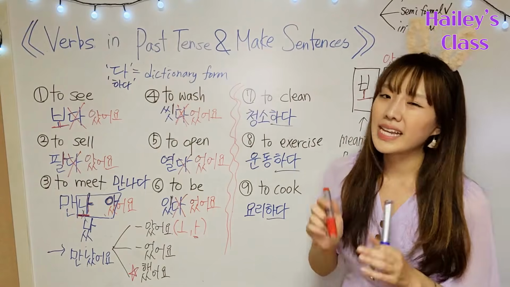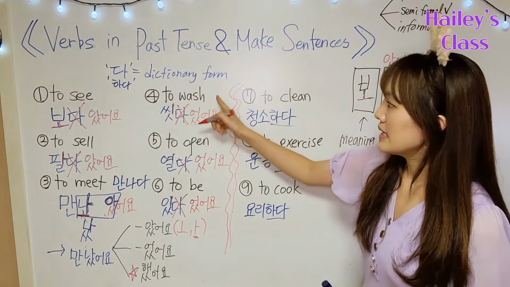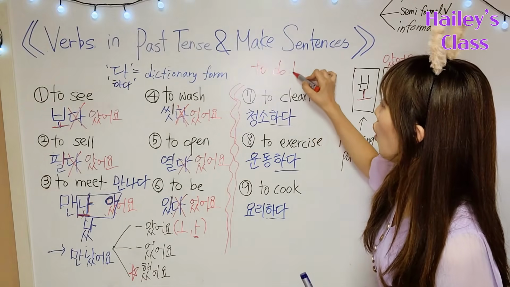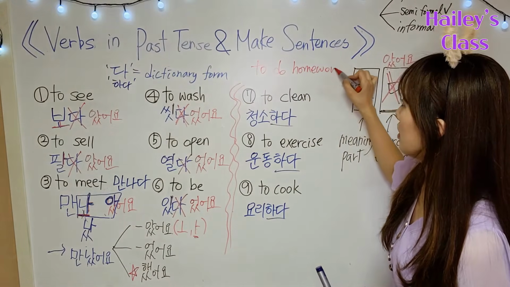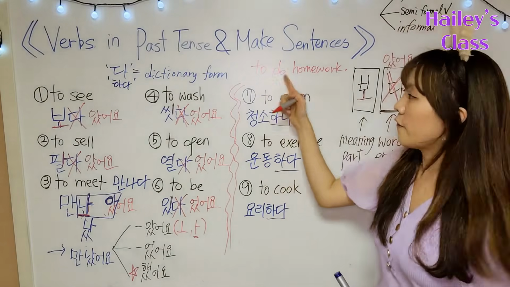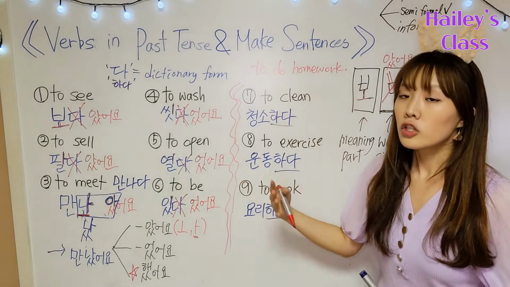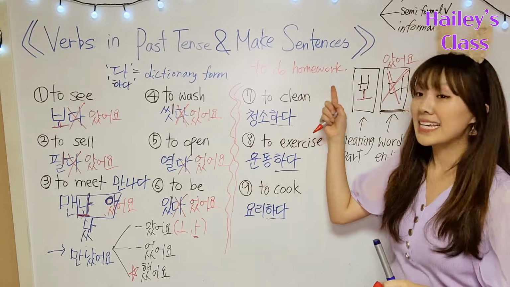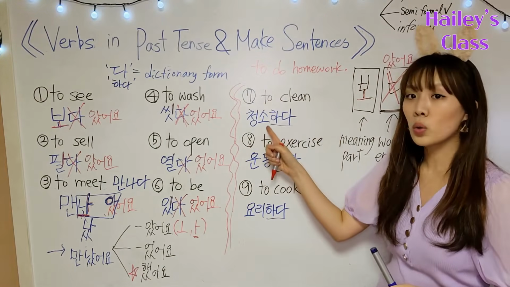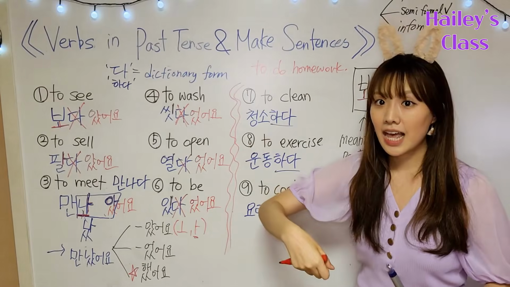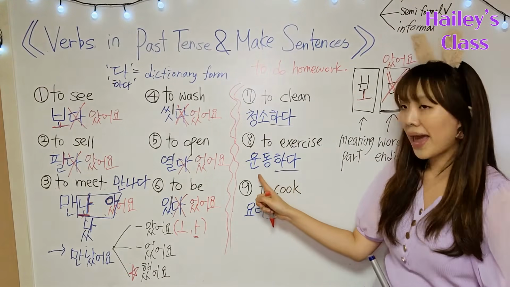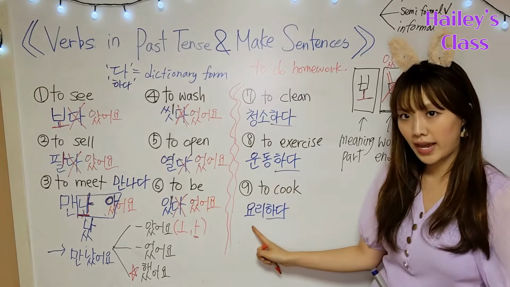So 하다 is a dictionary form. For example, to do homework. It's a verb, right? To do homework, to do exercise. It's one verb. In Korean it's the same, because 청소 is actually cleaning. So do cleaning, do exercise, do cooking.